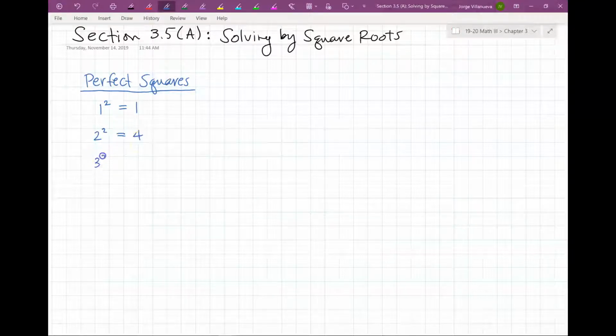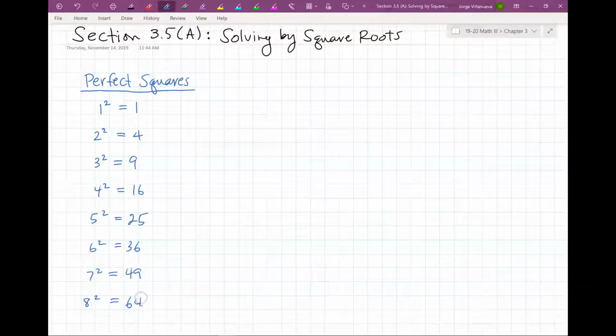We have 3 squared is 9, 4 squared, 16, 5 squared is 25, 6 squared is 36. Now, they gave you a lot of space, by the way, so you're going to see why there's a lot of space. 7 squared is 49. 8 squared is 64. 9 squared, 81. 10 squared, 100. Most people know those.